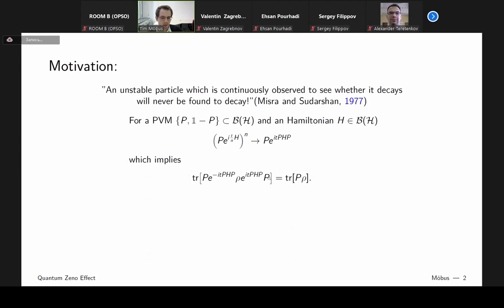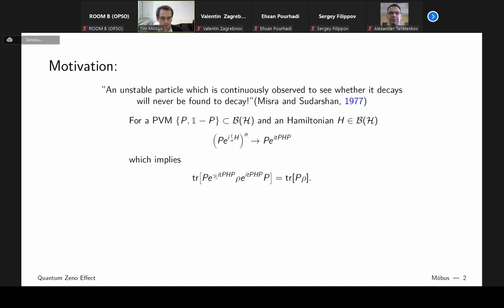We want to calculate the probability that the particle, after the sequence of measurements and steps of time evolution, has decayed or not.